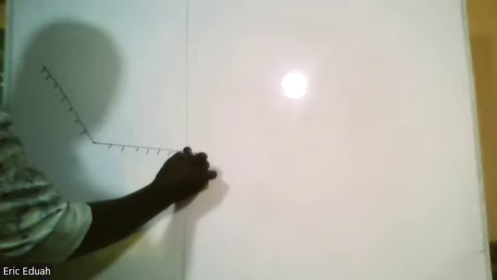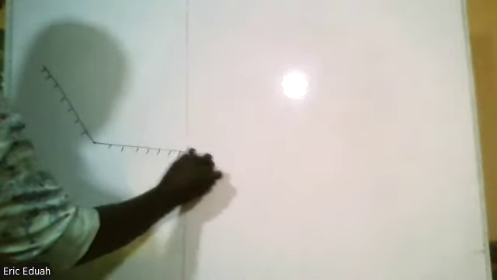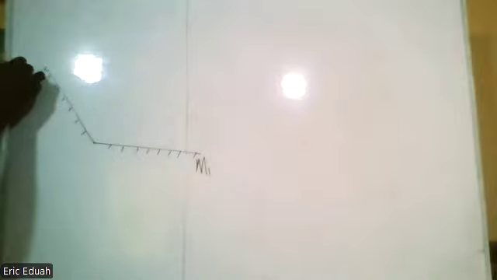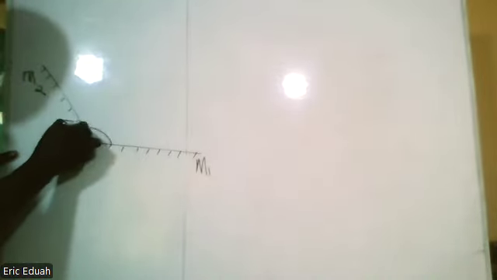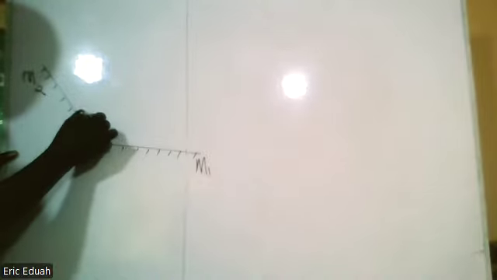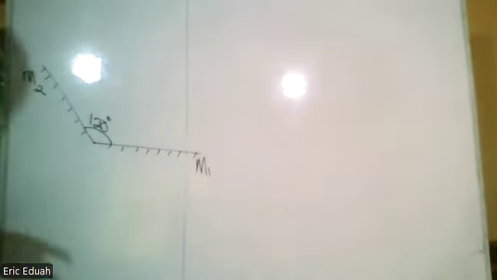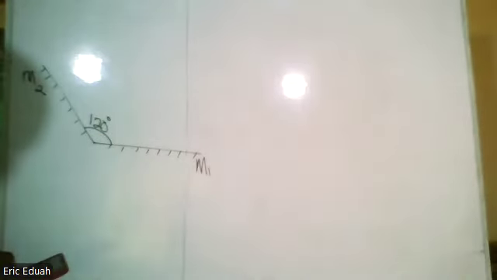If this is mirror 1, this is mirror 2. The angle between them is 120 degrees. Then a ray incident on mirror 1 at an angle of 65 to the normal.